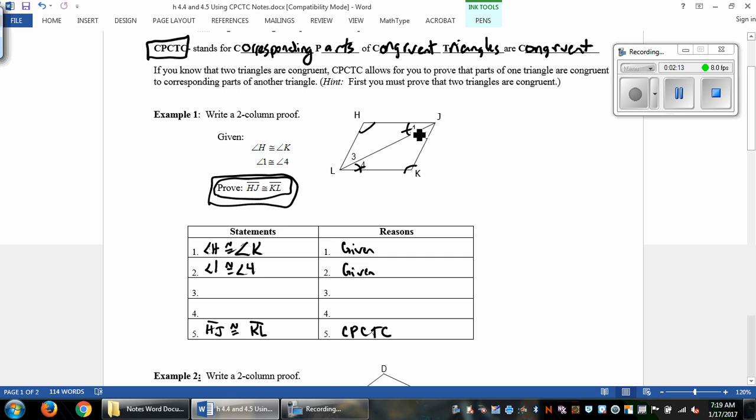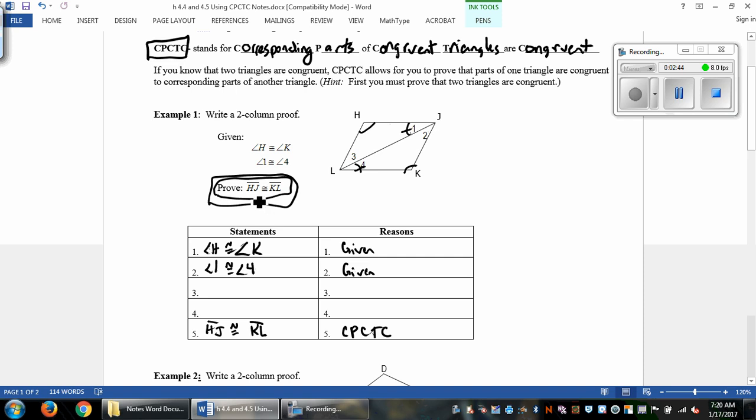Now in order to prove the CPCTC, we do need to have the triangles congruent. In order to prove a triangle, we need one of our ways, either angle, side, side, side, side, side, angle, side. So given that we have two sides here on both of them, we're looking for either a side in between, which would be HJ and KL, or we can use this in between.